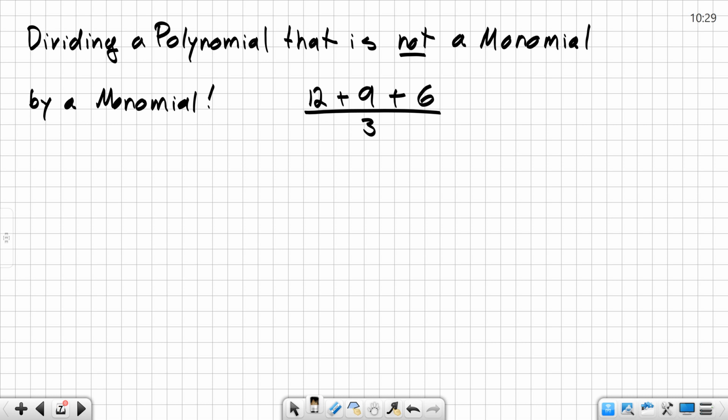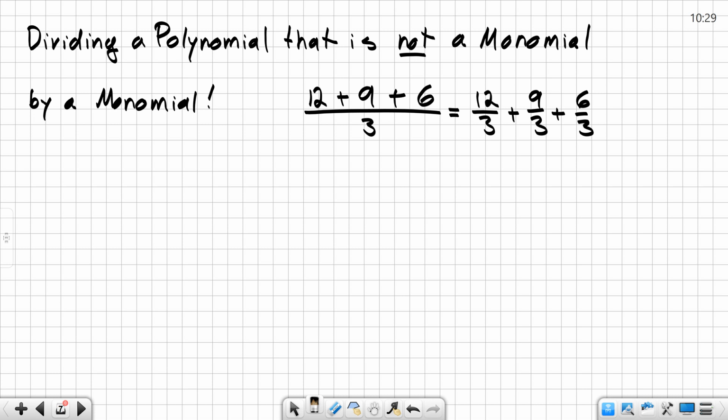So if I have a problem like this, 12 plus 9 plus 6, and I divide all of this by 3, I do not even need to do the operation in the numerator first. I can break this up into 3 separate problems like this.